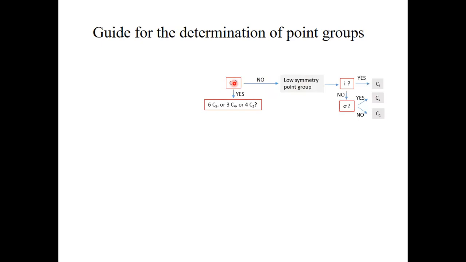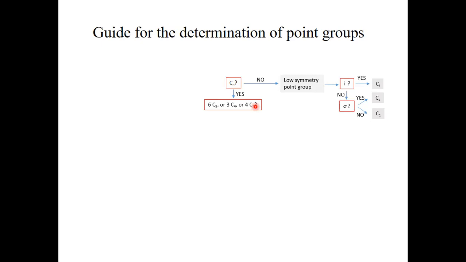The next question that we ask then is, do we have 6 C5, 3 C4, or 4 C3 axes present? With this question, we probe whether our molecule belongs to a high symmetry point group, because remember, it is a property of a high symmetry point group to have multiple principal axes.